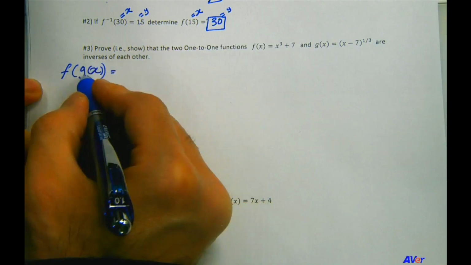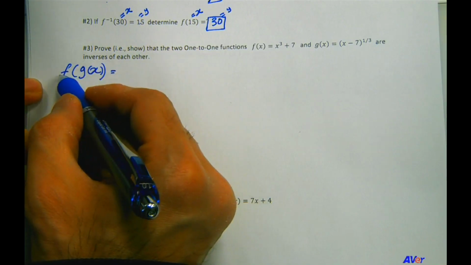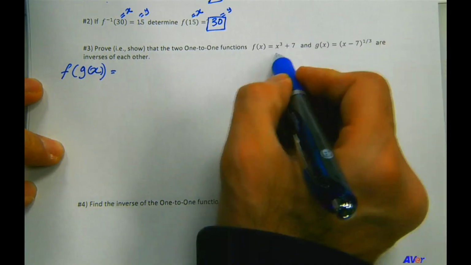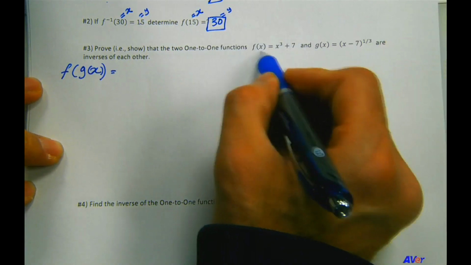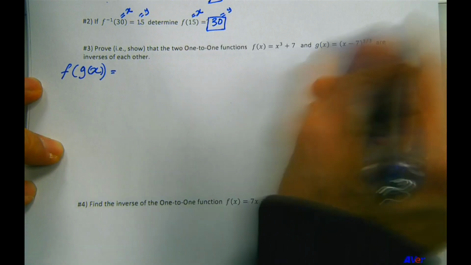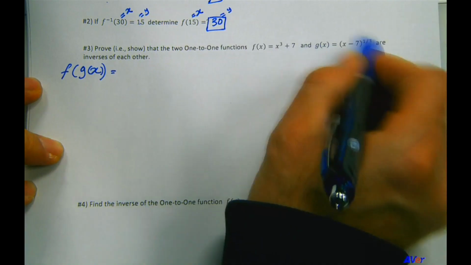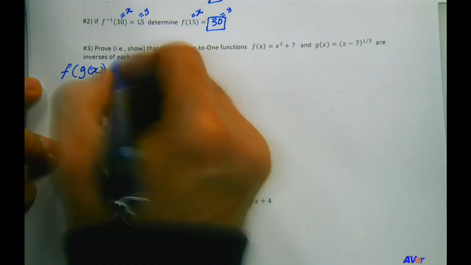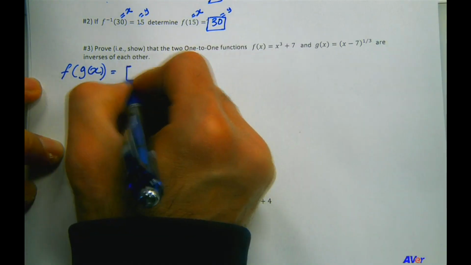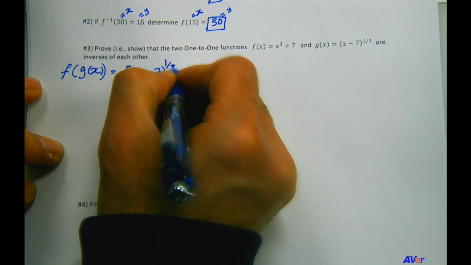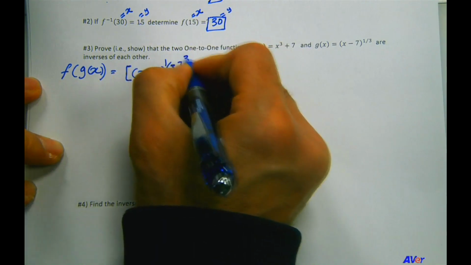So we have f composition g of x. That means g of x must be placed inside f, right? So I need to take all of this and replace x wherever I see it in the original function. Wherever you see x, replace x with all of this. So we have x minus 7 to the 1/3 power, cubed.